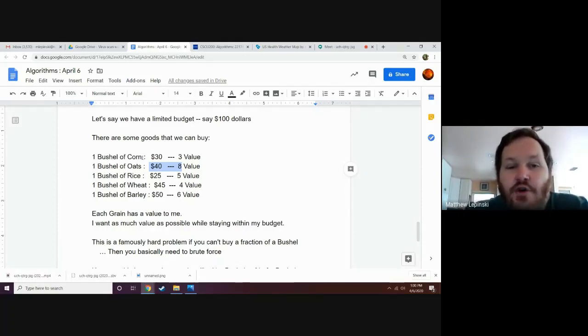You can think of your solution as a vector, and then there's a transformation on that vector that tells you how valuable a particular vector is, and our budget is putting constraints on that vector.